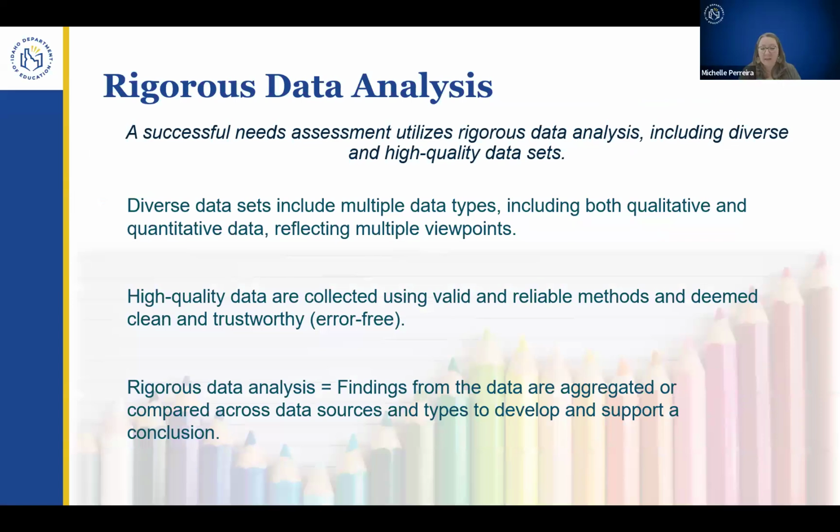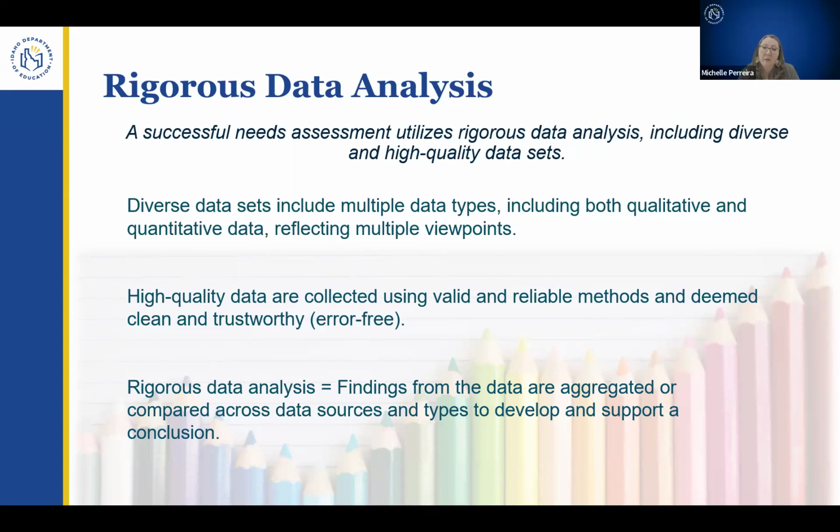So the second essential element for a successful needs assessment is rigorous data analysis. So you want to include diverse data sets and high quality data sets. So diverse is multiple data types, including qualitative and quantitative data.